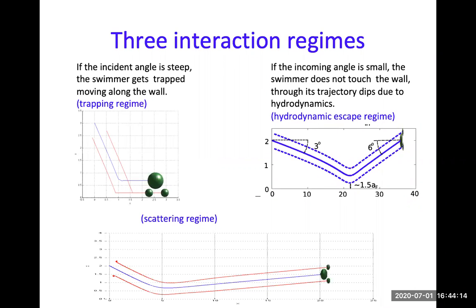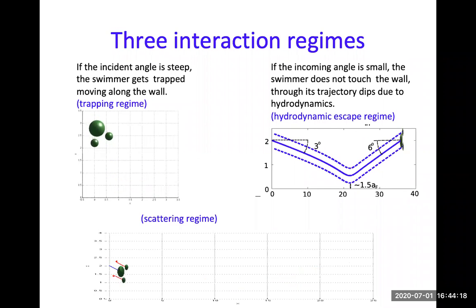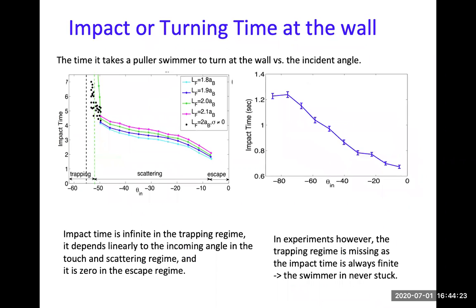And then there is the in-between region where it touches the wall and then scatters away. If you measure the impact time, or the time it spends at the wall, in the trapping regime this is infinite. In between, it's a quasi-linear time because it takes time to turn. And if it's not touching the wall, the time is 0.